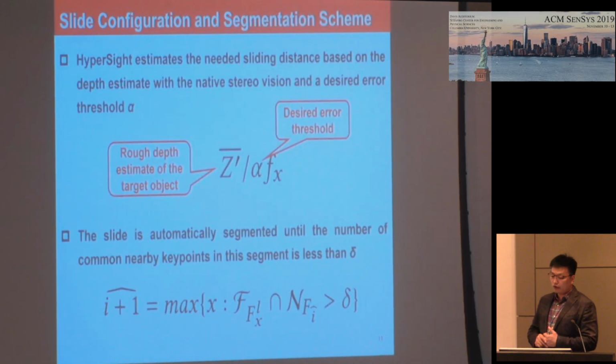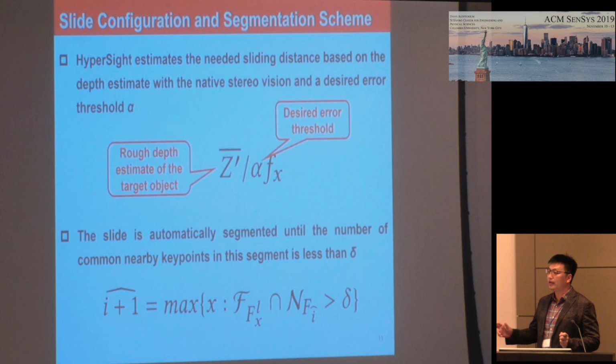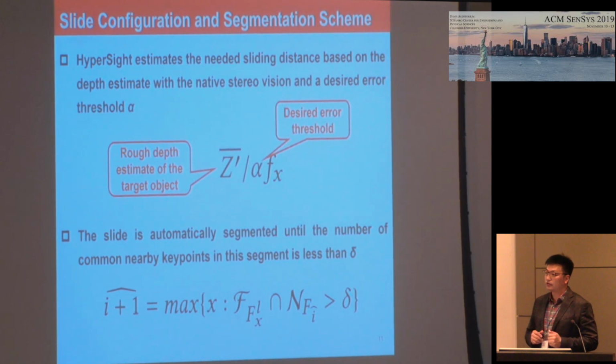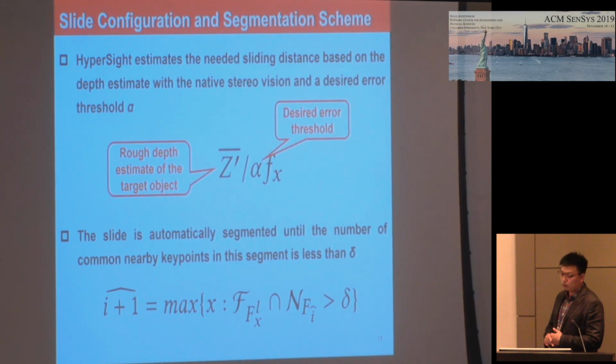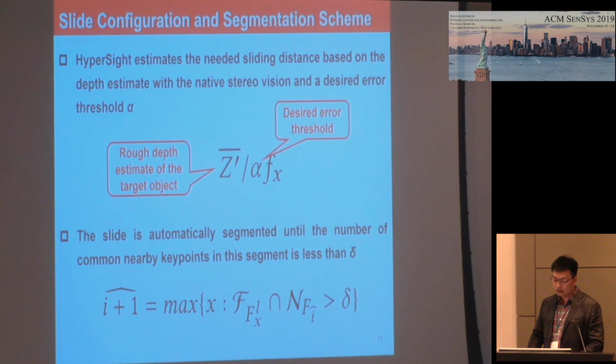So what we do here is segment the slide into small segments. We estimate each segment, and then we splice all the segments together so that we form a long slide. Okay. So how do we do this? We first estimate how long we are going to slide.